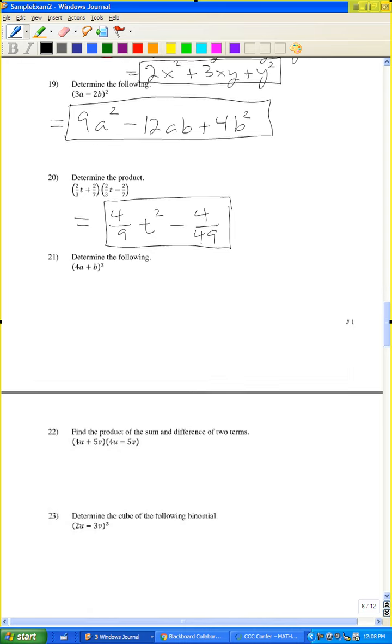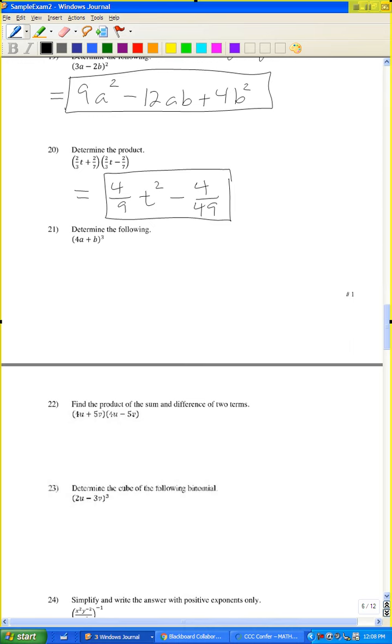Let me do problem number 21. And let me actually write down the formula.